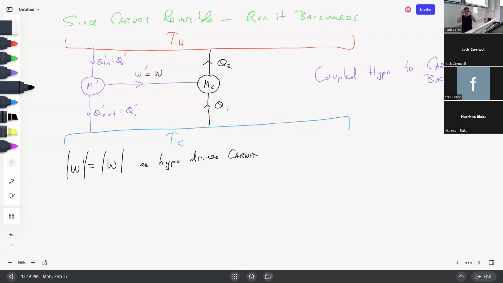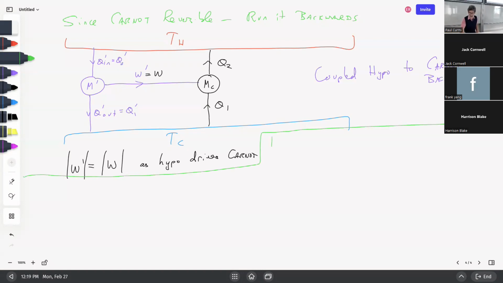Okay, so I have my conservation of energy. By first law, I have that the work output of the hypothetical engine is equal to the heat that goes in minus the heat that goes out.